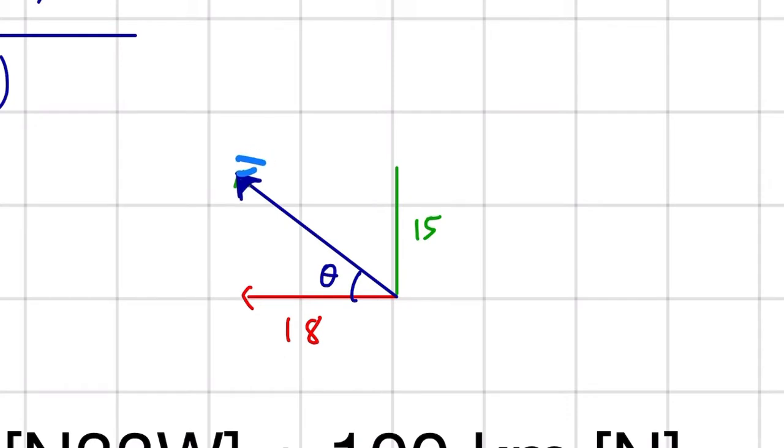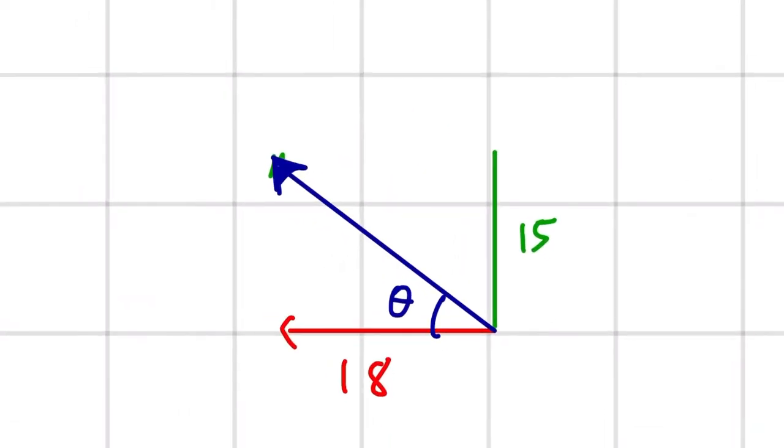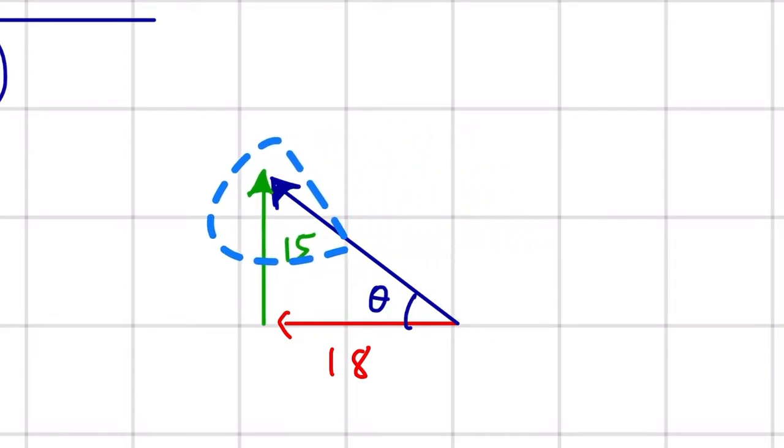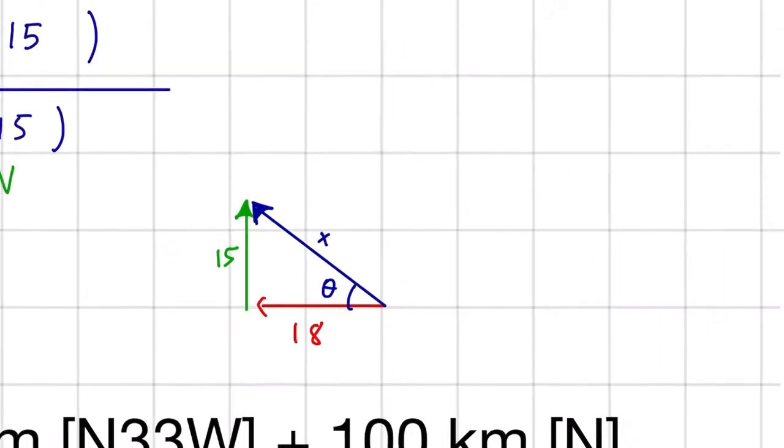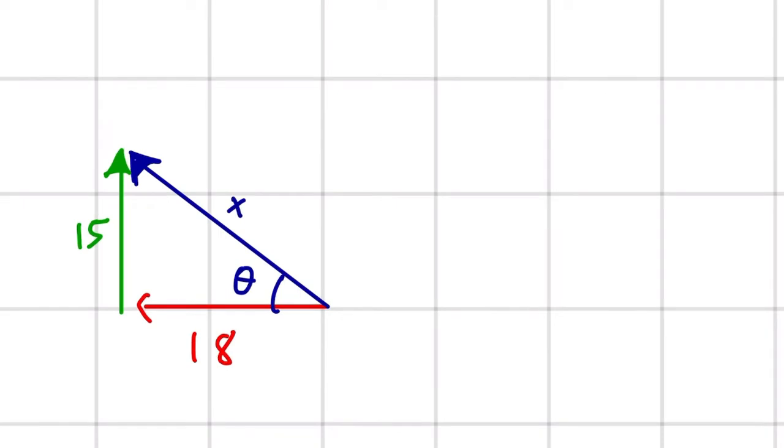Actually, I'll forget about this, I'll draw it again. So we're going to have a new triangle. And we want to know the side length x, that's the magnitude. According to the Pythagorean theorem, or SOHCAHTOA, usually the easiest way to do it is with the Pythagorean theorem because we have two side lengths.